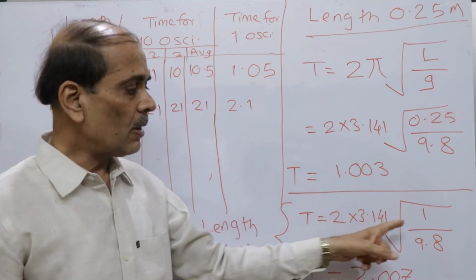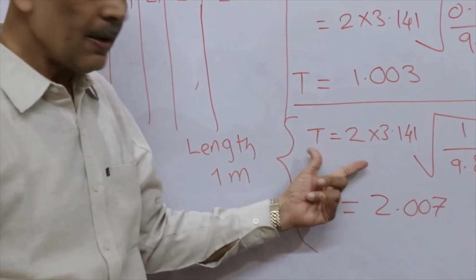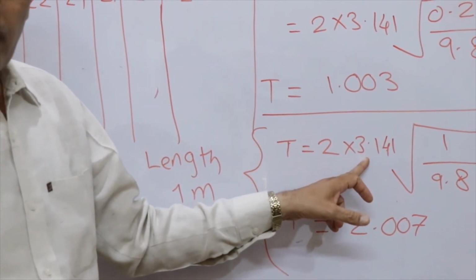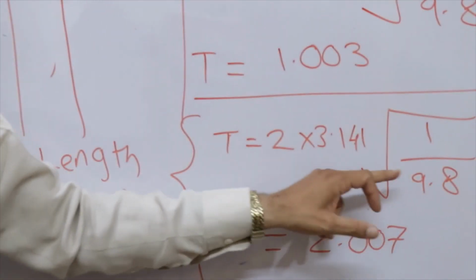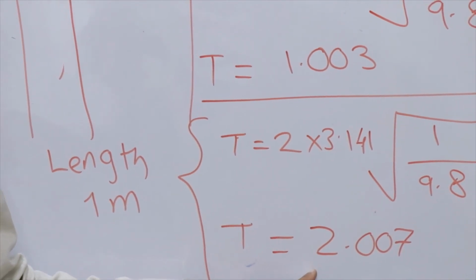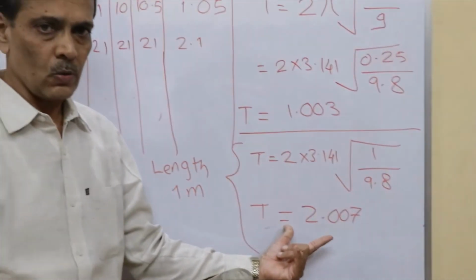Now going for the pendulum with a length of 1 meter. Again, if I place everything in the formula, 2 into 3.141 times the square root of 1 by 9.8, and solve this, the figure comes to 2.007. If I ignore the third digit, it's 2.00.